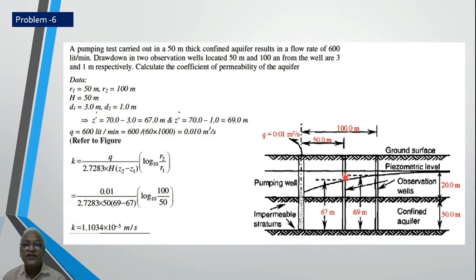So if this is 3 and this is 1, the 50 meter layer is this plus 20 meters, so the permeable layer is confined.